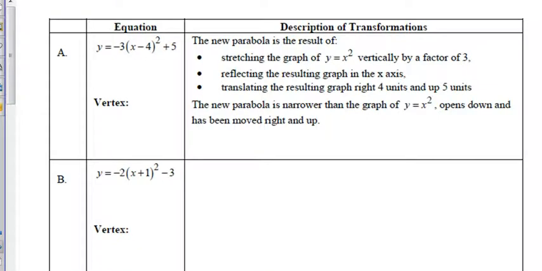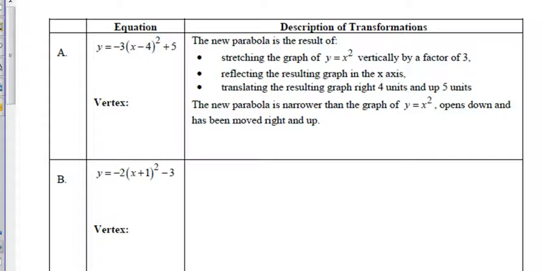Okay, so you need to be able to look at this and say, this is a vertical stretch. It's a vertical stretch by a factor of 3 reflected in the x-axis. Horizontal translation 4, vertical translation up 5. Where's the vertex? Well, it was at 0, 0. Stretches and reflections will do nothing to the vertex, because the vertex is on the line about which you are stretching and reflecting.